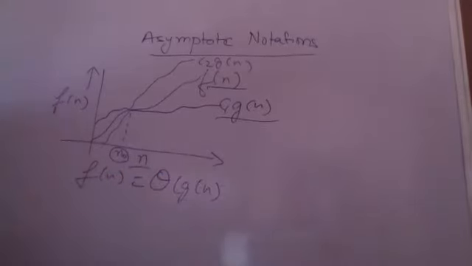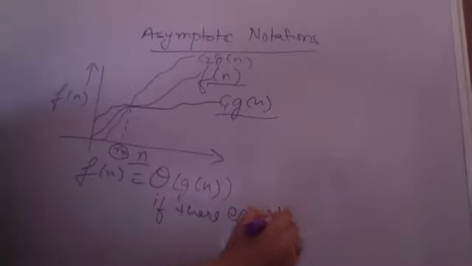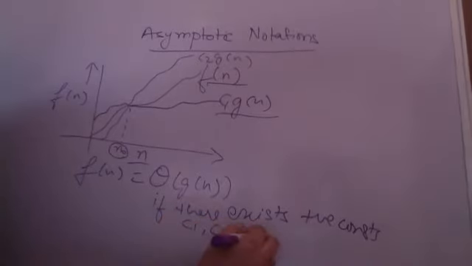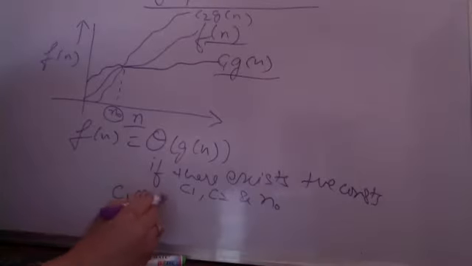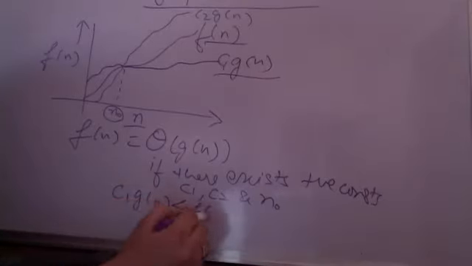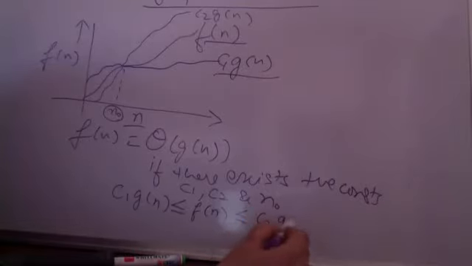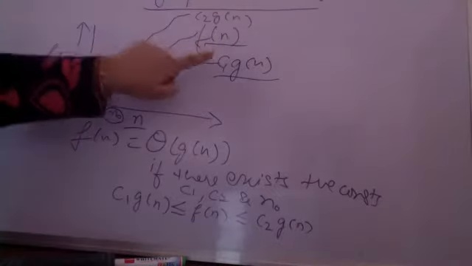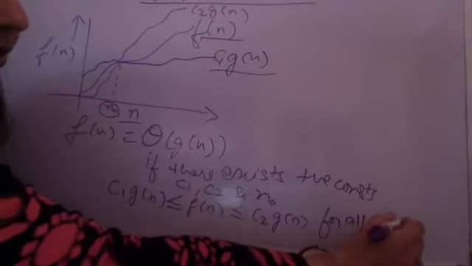It is a theta bound on the function if there exist positive constants, C1, C2 and n naught, such that C1 g of n is always less than or equal to f of n, and my given function f of n is always less than or equal to C2 g of n, for all n greater than or equal to n naught.